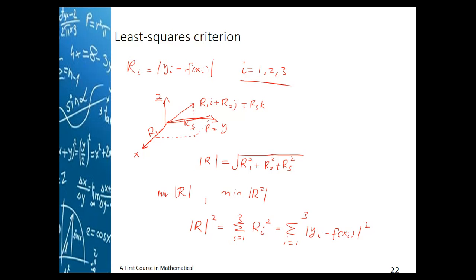And then if you are having this, now you can find your critical point as usual. You can minimize this. Makes sense, isn't it? So basically, that is why we are able to find the minimization of your valuation for your observed versus predicted values in your least square criterion.